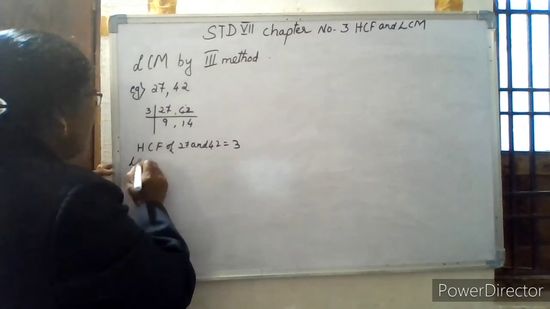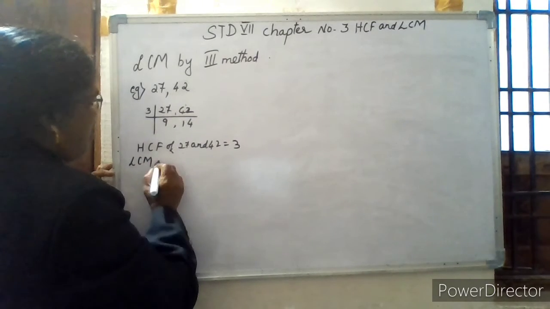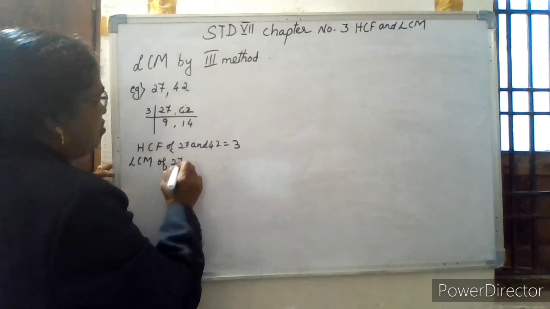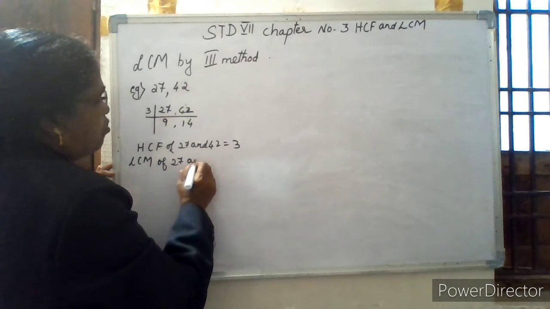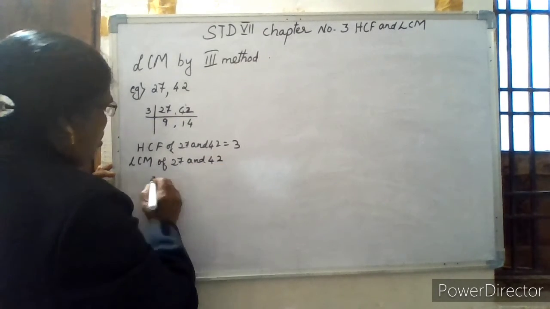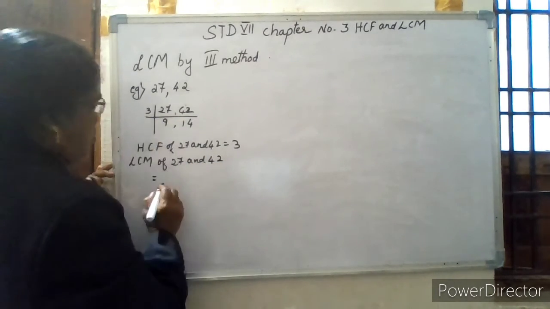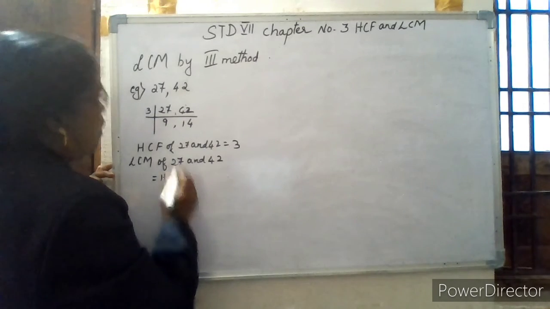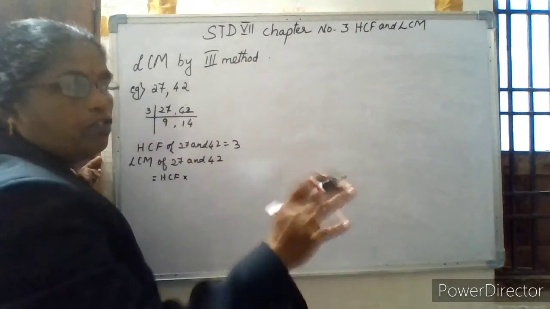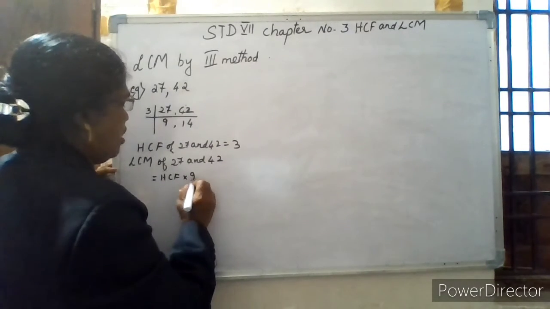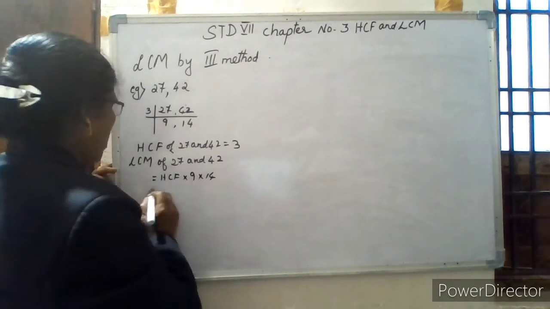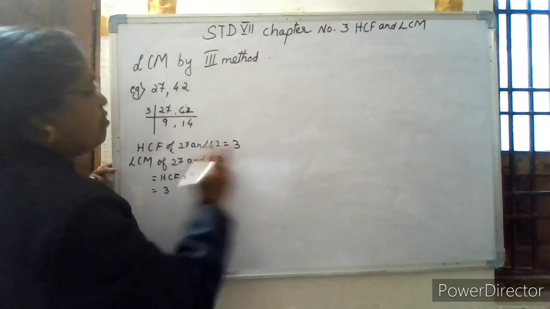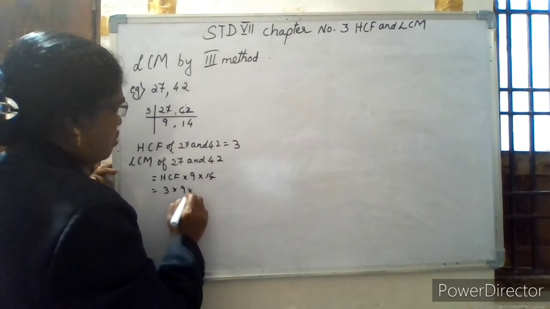Then here only we can find the LCM. LCM of 27 and 42 will be equal to this HCF into these two numbers which are not divisible by any common number, into 9 into 14. So it is 3 into 9 into 14.